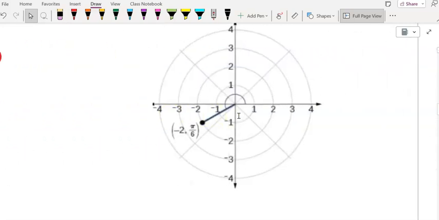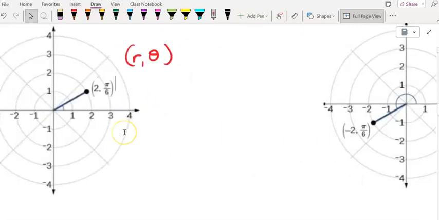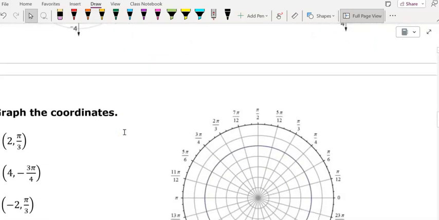When I come over here, this is the same, except it's (negative 2, pi over 6). So it's in the same kind of place as that pi over 6 that was over here. It's just on the opposite side. So instead, it's where positive 7 pi over 6 would be. It also could be negative 5 pi over 6, but we're about to do something with that, okay?